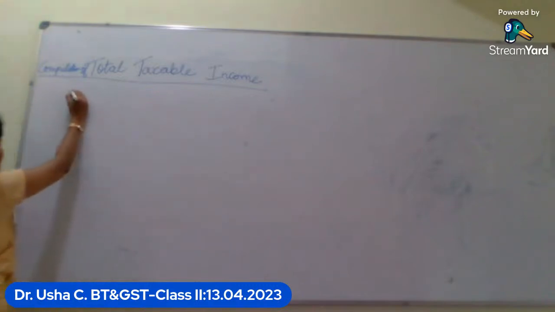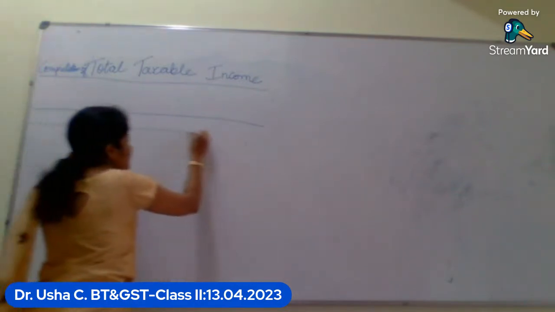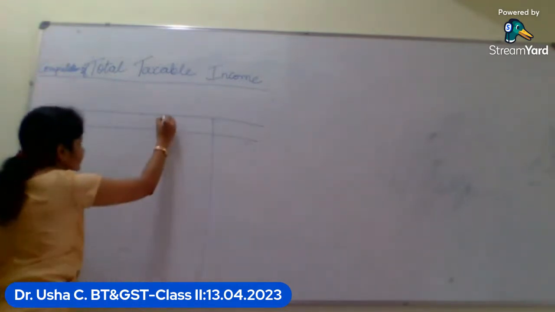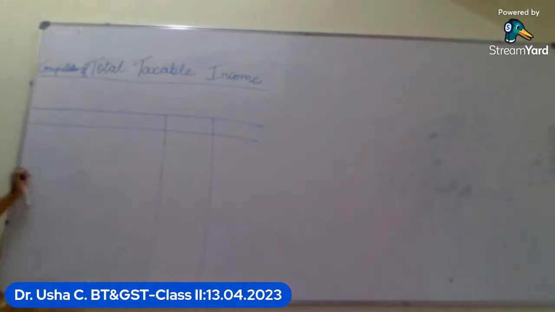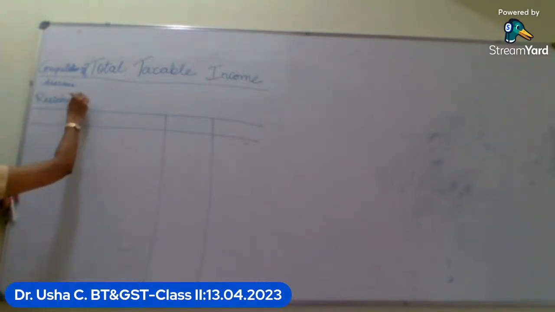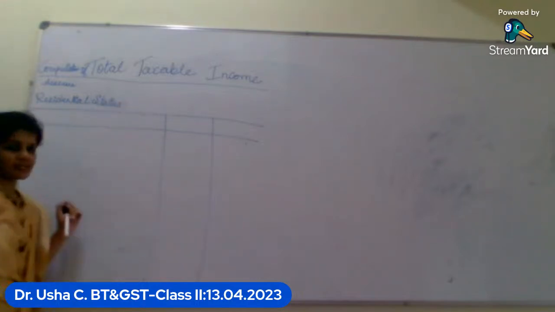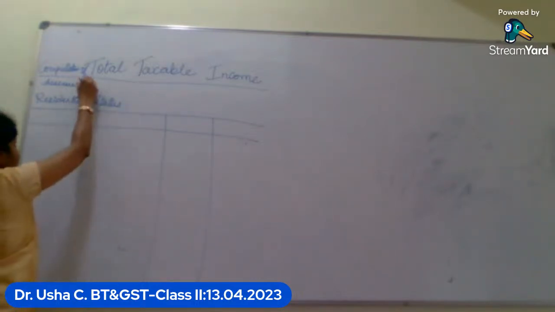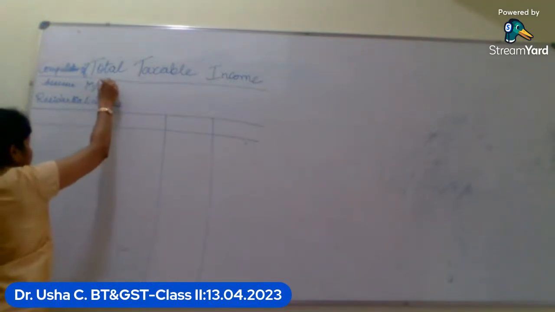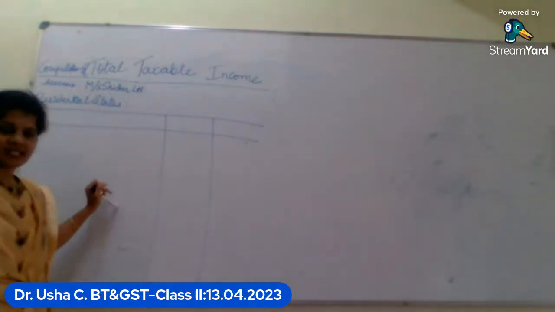So the format for this is, first we have to write assessee. If you write all this format neatly, then you can score very good marks. Who is the assessee here? The assessee is Messrs Sridhar Limited.